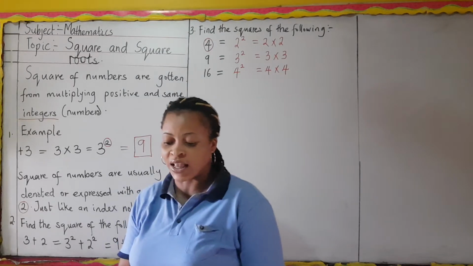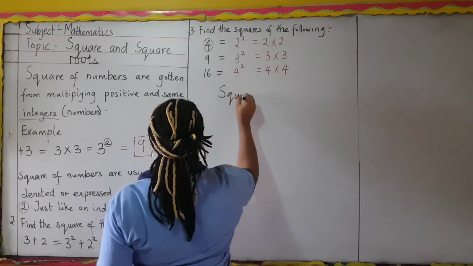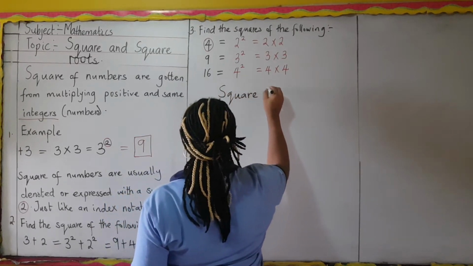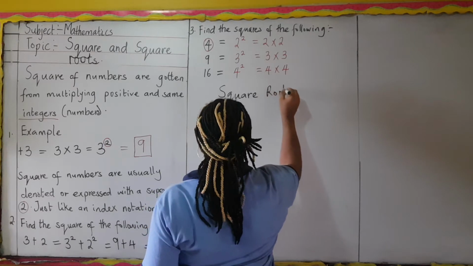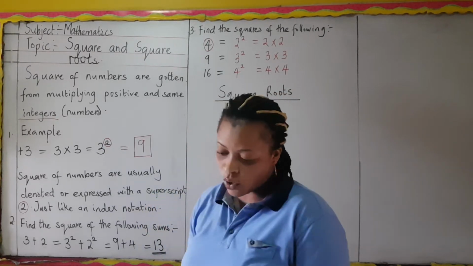Good. So quickly, let me take you to square roots. Literally, square roots are opposite of squares because the two are related. So what are square roots?